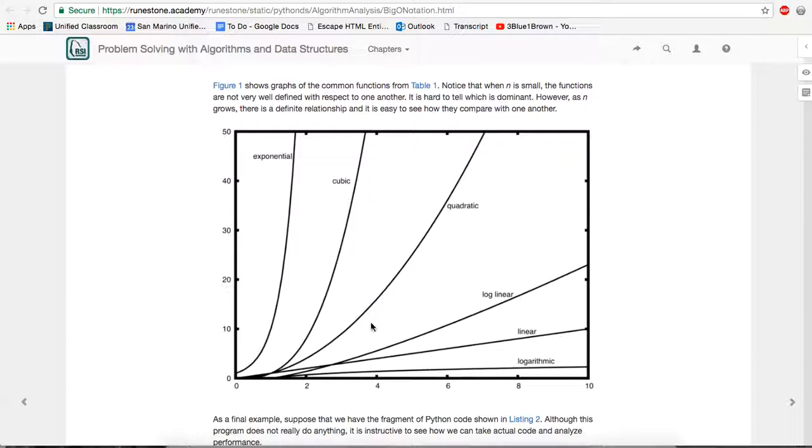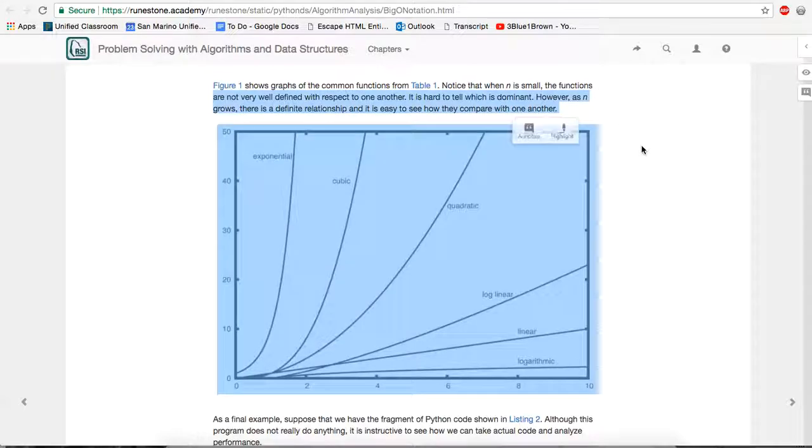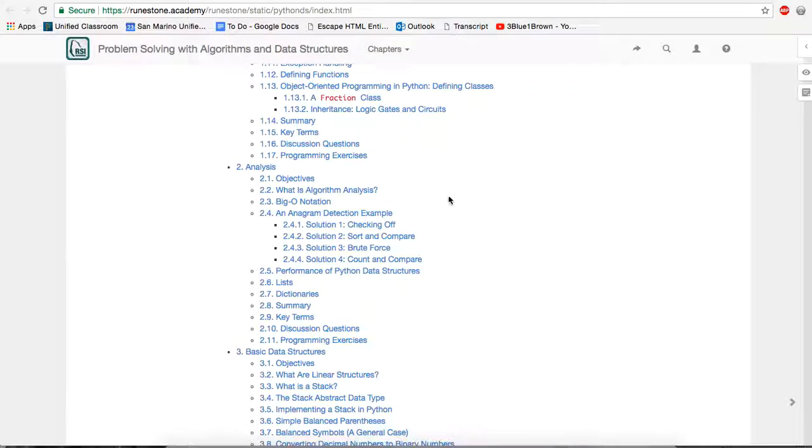The holy grail of matrix multiplication would be one that's not quadratic but maybe log linear, which would be a huge step forward. So you definitely want to get your head around big O notation, so let's do that all together.